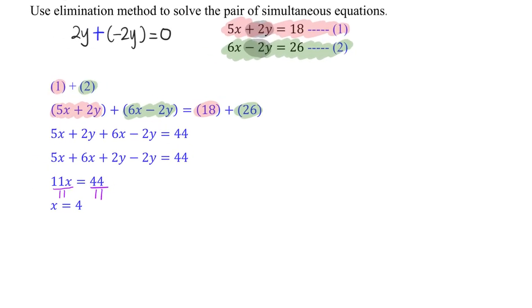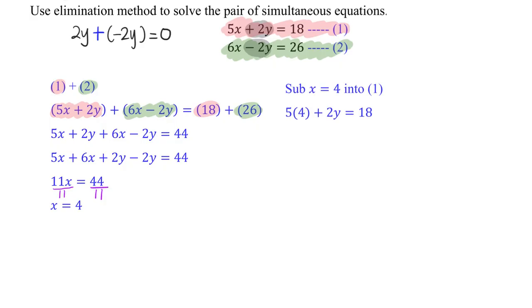Once I do that, I will be able to find the value of y. All we have to do is substitute into either equation 1 or equation 2. In this case, I'm going to substitute into equation 1 because all are positive numbers, easy for me to do.